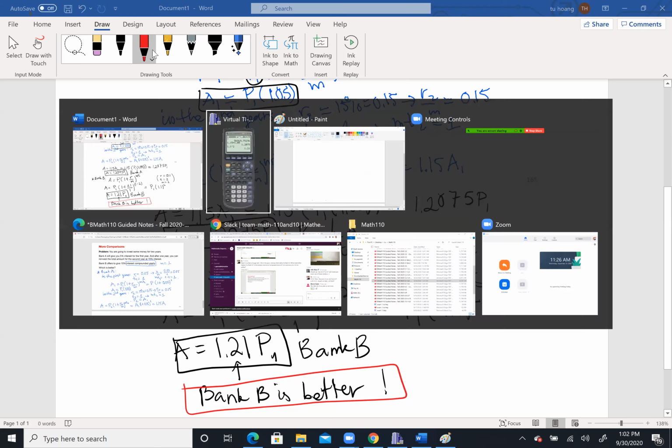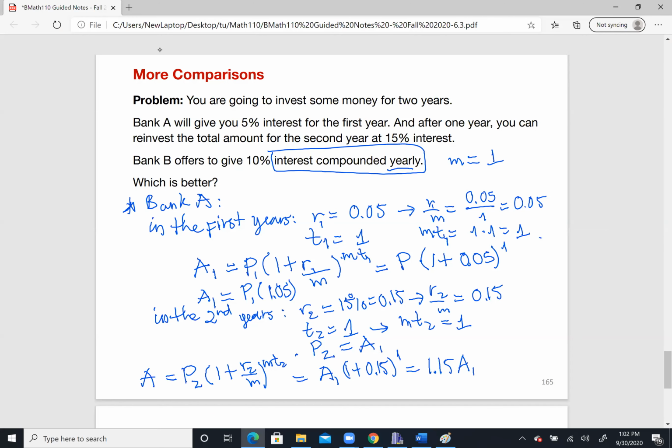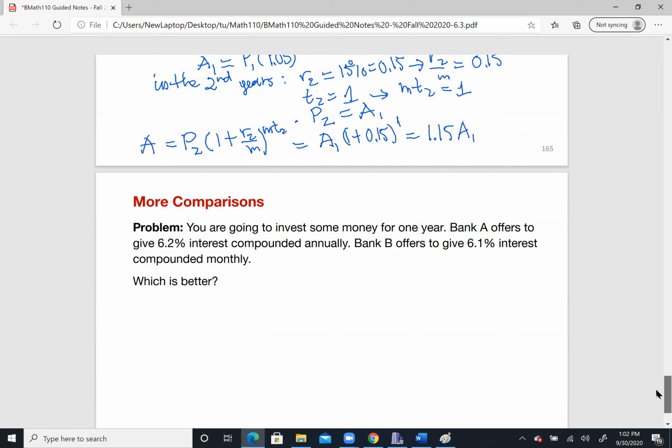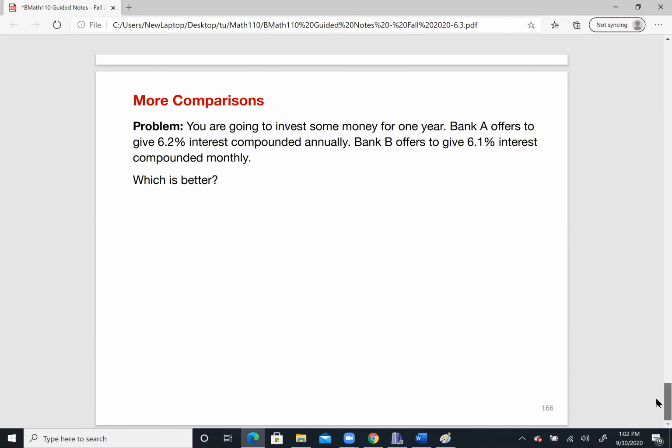Okay, so let's come back with the notes. Okay, so answer in here is bank B. And now we're gonna move down to the next page. Okay, so this is the last one, and it's still talking about more comparison.